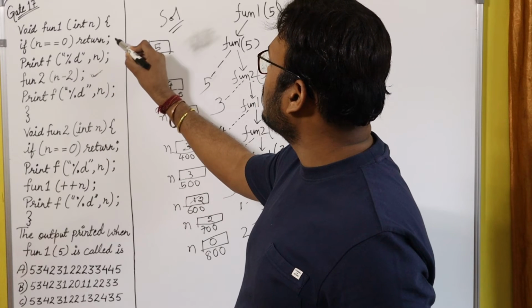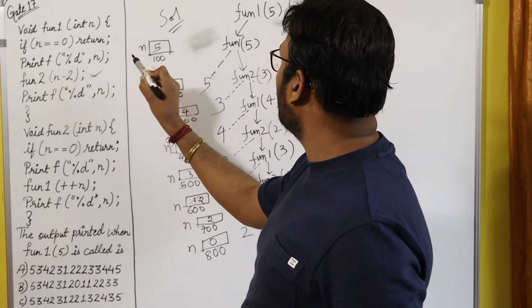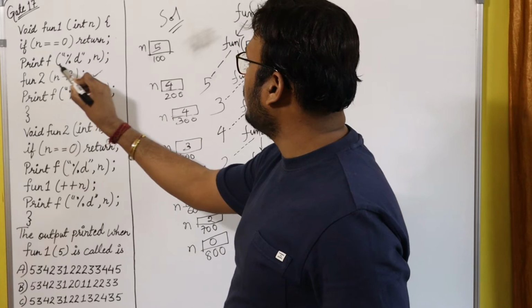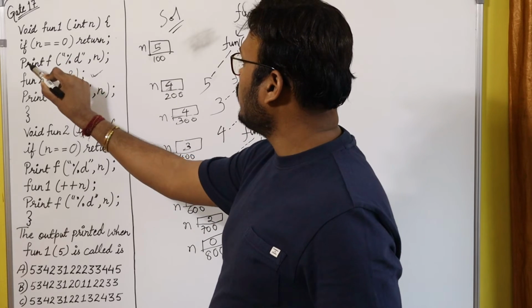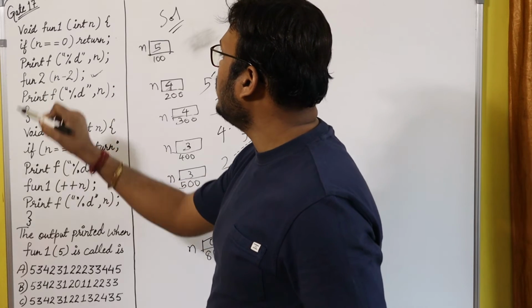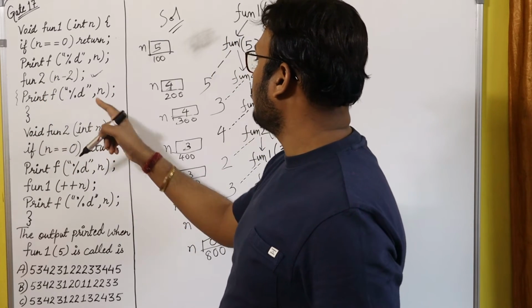This condition checking was there. Then after that in fun1 we did printf, we executed this line, and after that we executed this line. The only thing remaining was this printf.